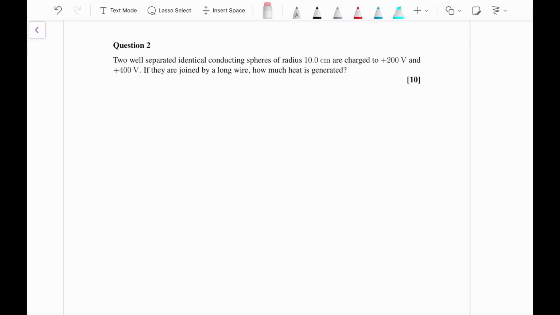So what we can consider is that there are two capacitors, somehow connected with a wire. One stores a potential of 400 V, and this is 200 volts. And so therefore, charges will go from the left to the right.